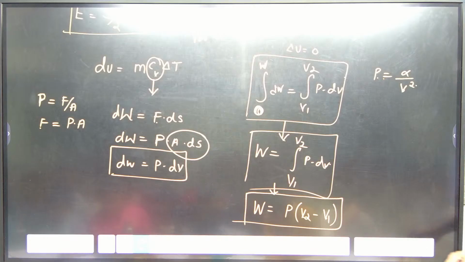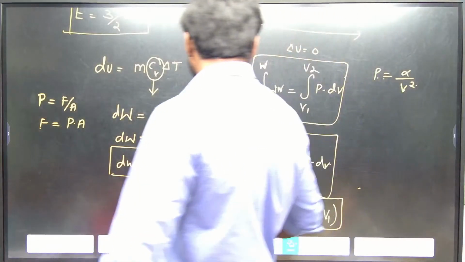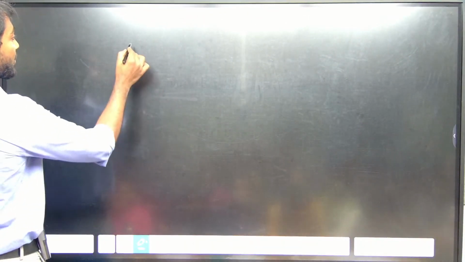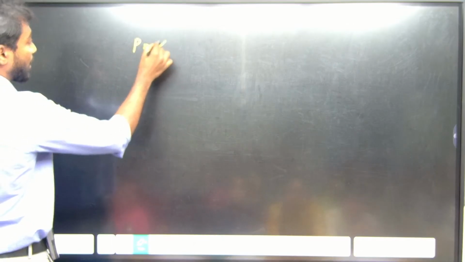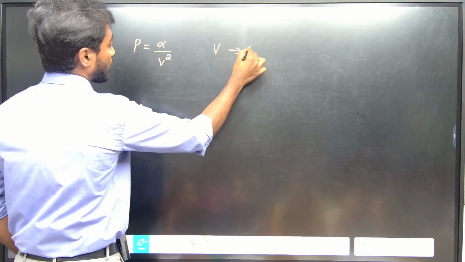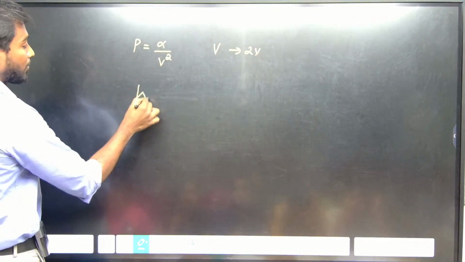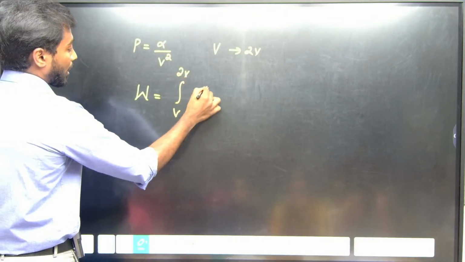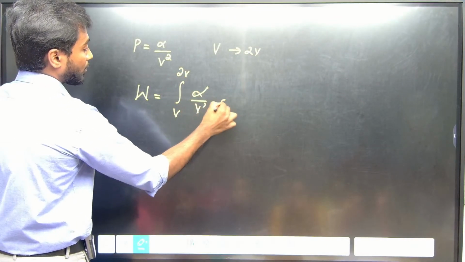Okay, listen, I'll do this. They have given that pressure is equal to alpha by V square and volume is changing from V to 2V. So work done will be equal to the integral from V to 2V of alpha by V square dV.